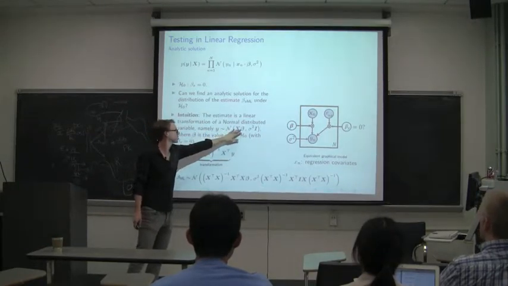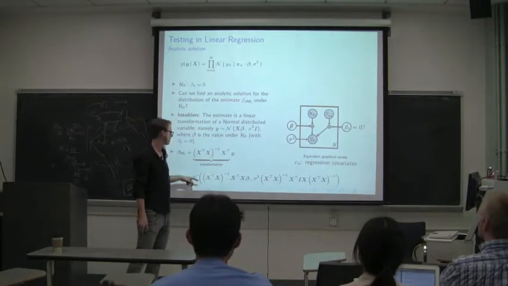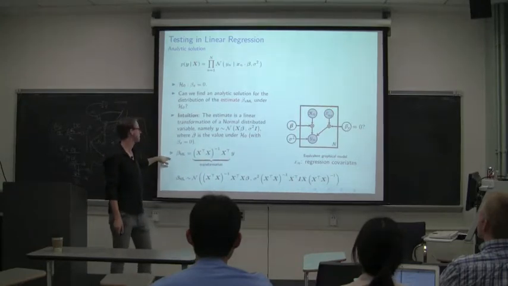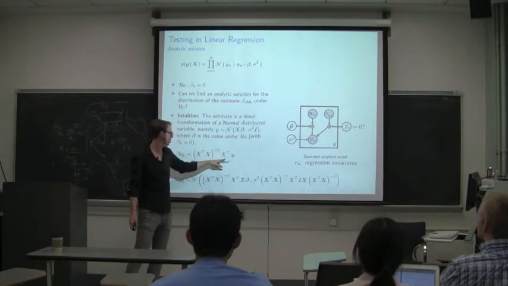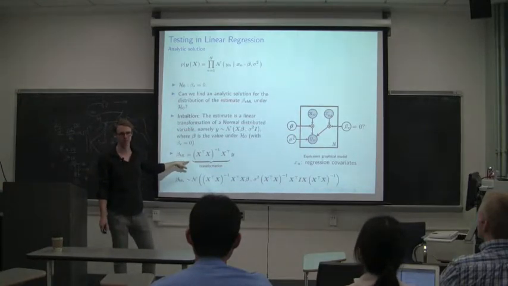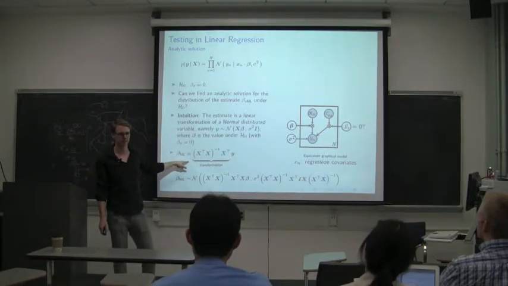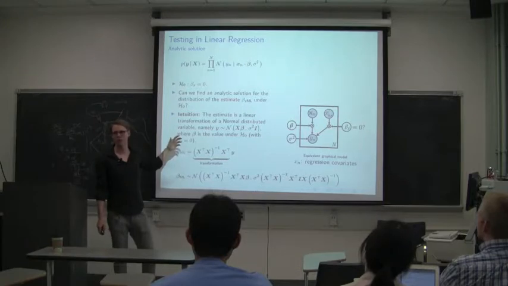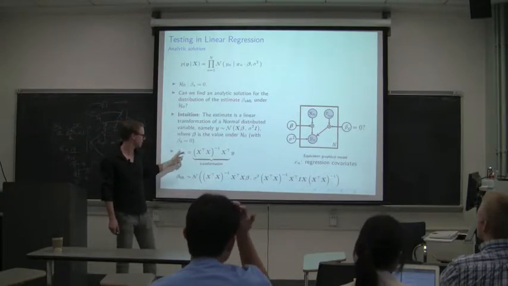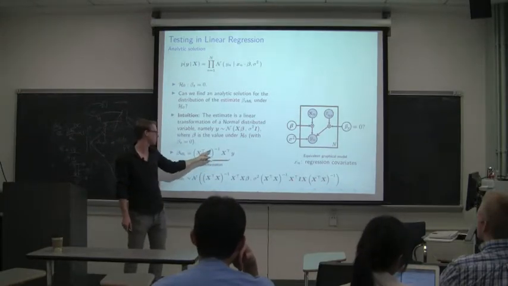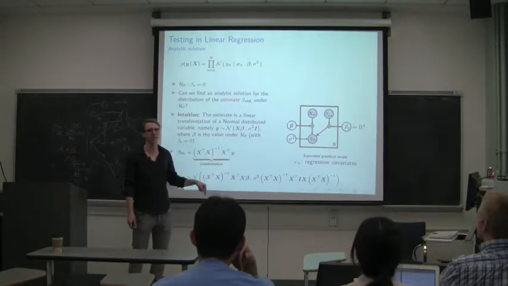Because this is a Gaussian distribution, if you view this as a random variable, it's a Gaussian distributed variable. This is just a linear transformation of a Gaussian distributed variable. Whatever we used as a matrix A before for these linear transformations is now x transpose x inverse times x transpose.